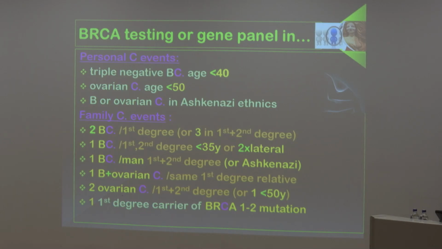One case of breast cancer in a man who is a sibling of first or second degree, or if it's Ashkenazi population. One case of breast plus ovarian cancer in the same sibling, the first degree. Two ovarian cancers under the age of 50, and also one first degree carrier of a BRCA mutation. This gives a risk of 50% of having this mutation also.